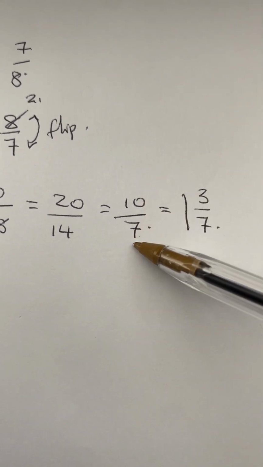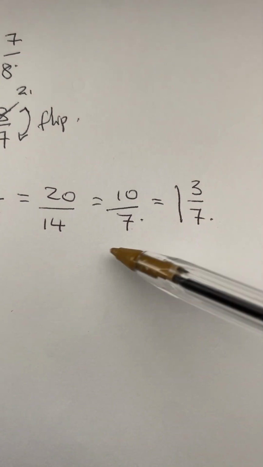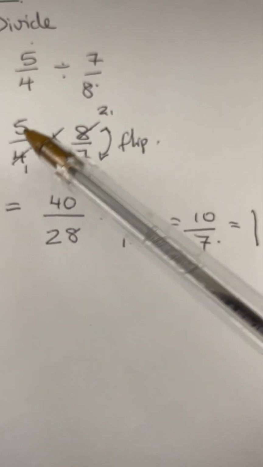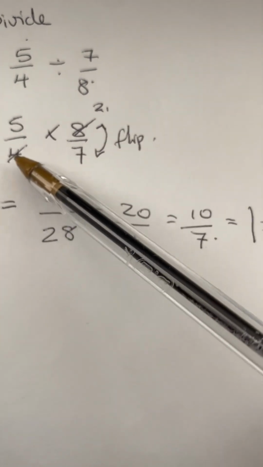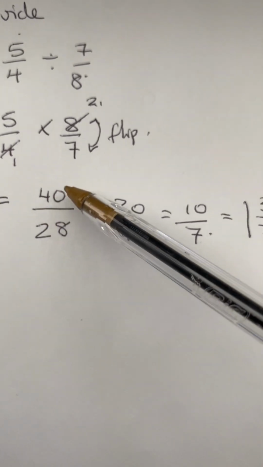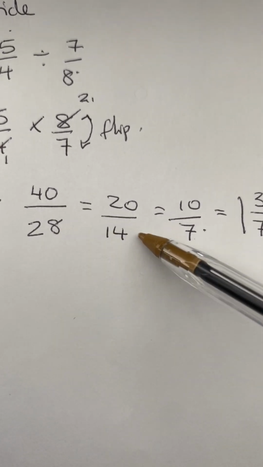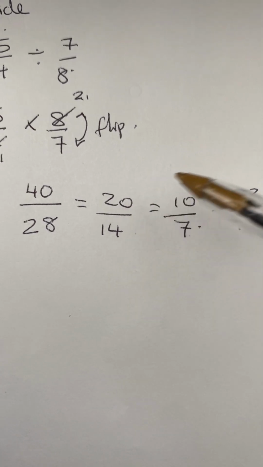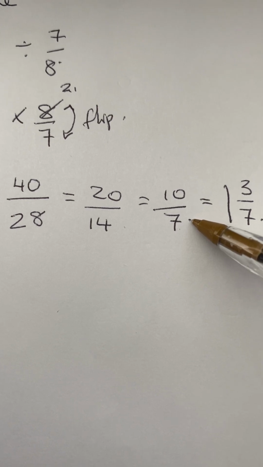That is a top heavy fraction. So you can change it to a mixed fraction, or you can leave your answer as that. But you can also do 5 times 8, 40. 4 times 7, 28. If you have 40, you get 20. If you have 28, you get 14. If you halve it again, you get 10. And when you have 14, you have 7.